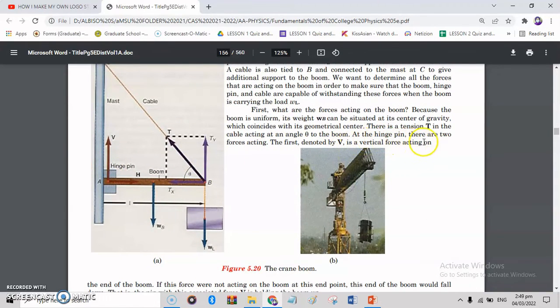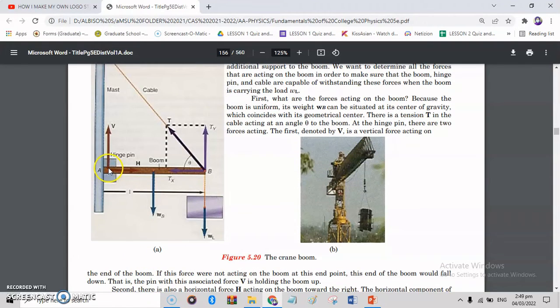Denoted as the vertical force acting on the end of the boom. So there is a force here. This is a hinge, a hinge pin, meaning it will rotate freely like this. So there is a vertical force and a horizontal force.